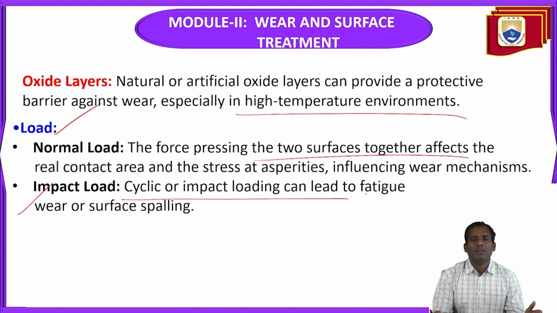Whenever the component is subjected to repeated loads, cyclic loads or impact loading, it can lead to fatigue wear and surface spalling. This failure is called fatigue failure, so due to fatigue failure, fatigue wear will occur. After a certain number of cycles, the component fails due to the yield stress.